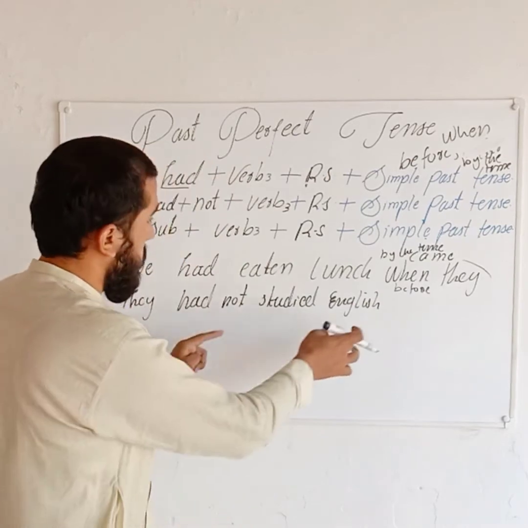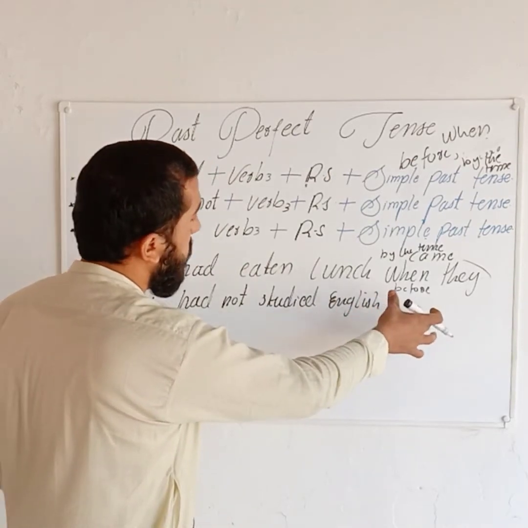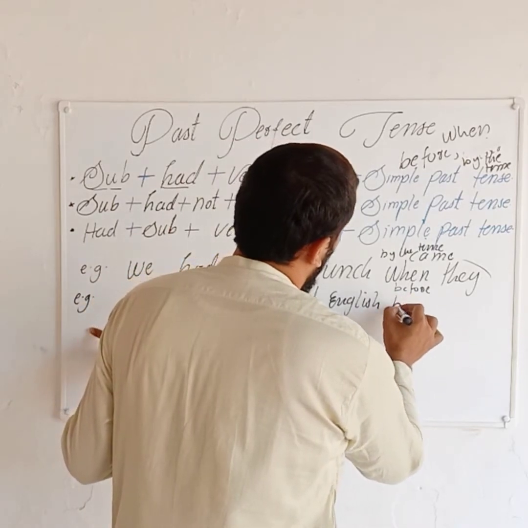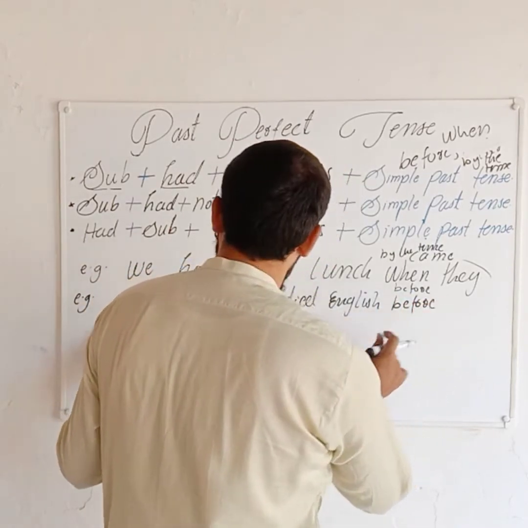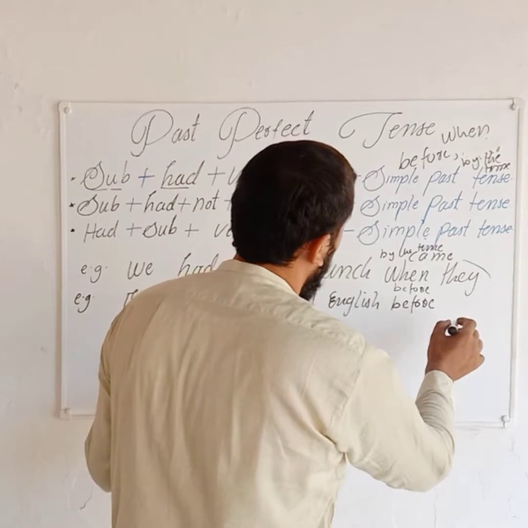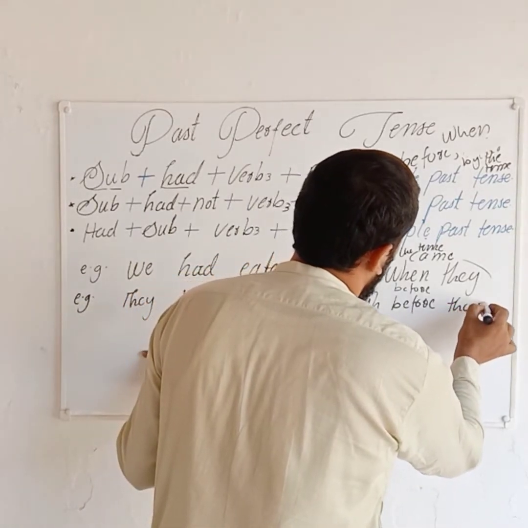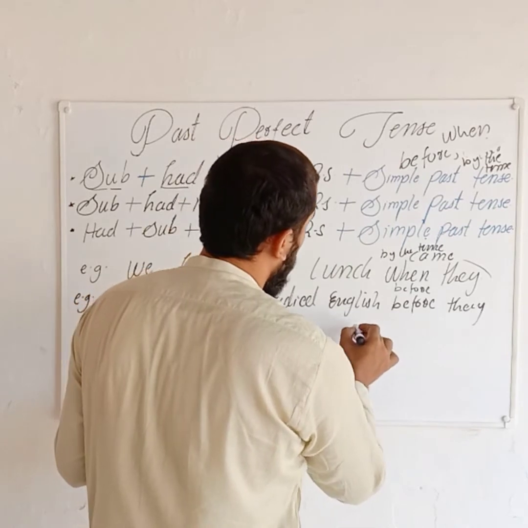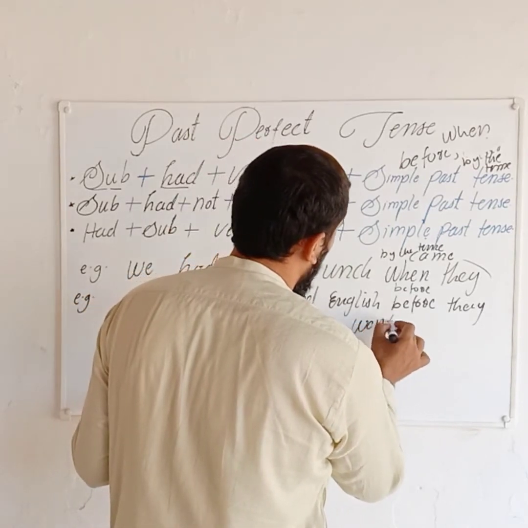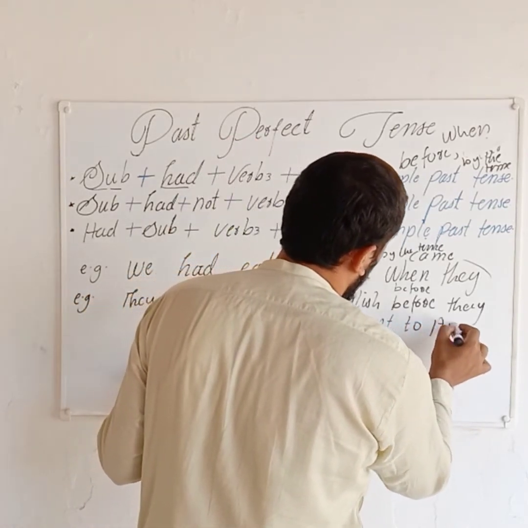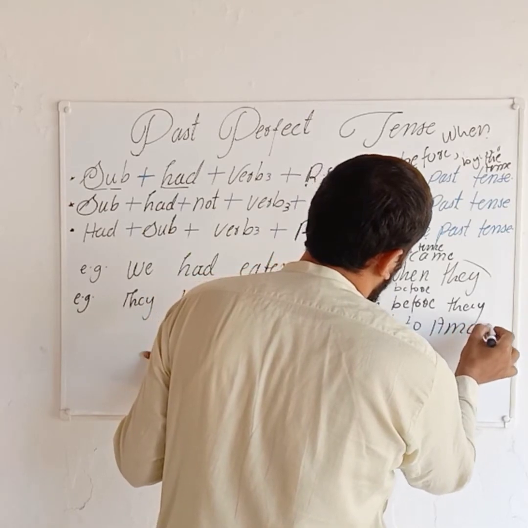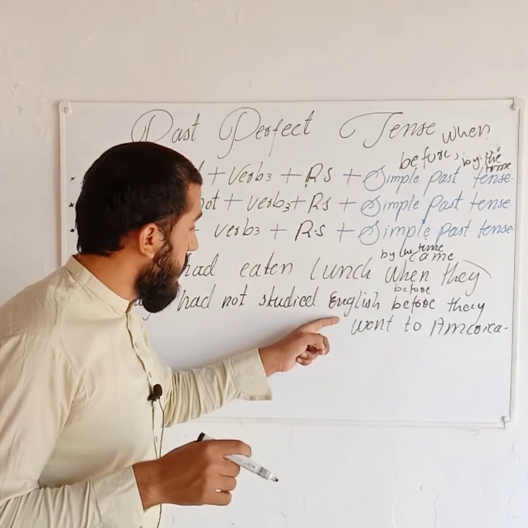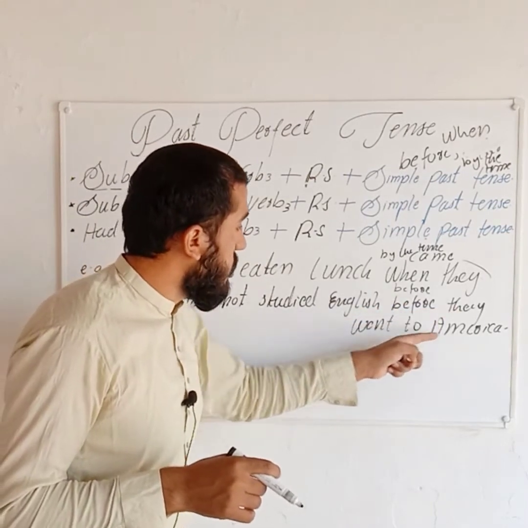Up to this place, this is past perfect tense. And now we go for simple past tense. They hadn't studied English before they, simple past tense. The subject, second form of verb, before they went to America. This is simple past tense. They had not studied English before they went to America.